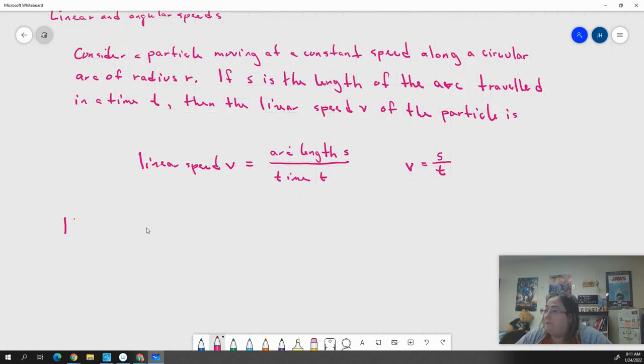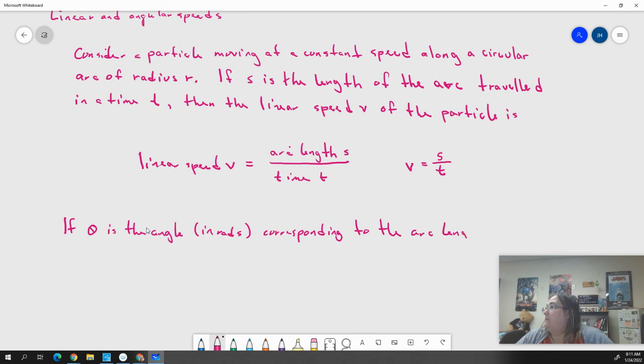Once more, if theta is the angle, in radians, right? We want radians, corresponding to the arc length s. Then the angular speed.